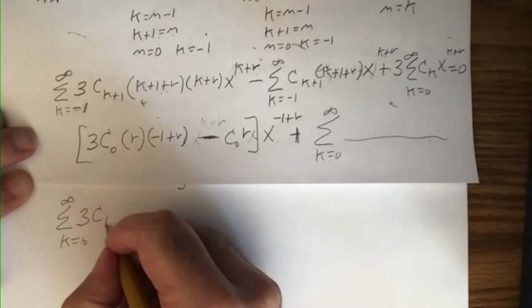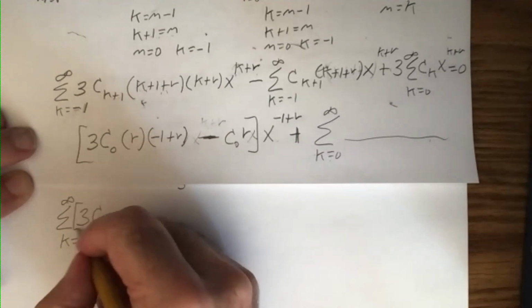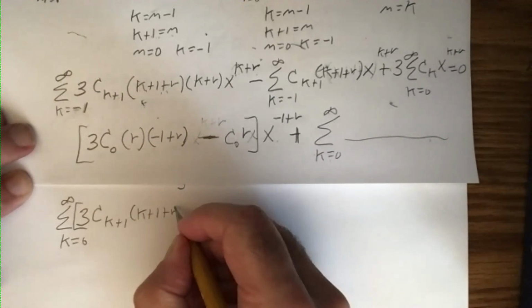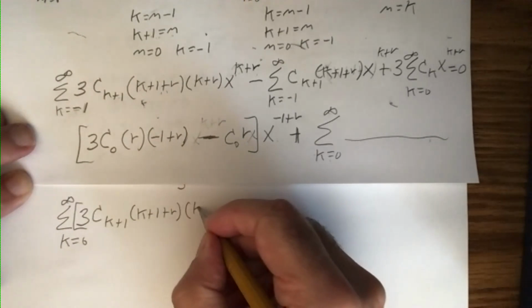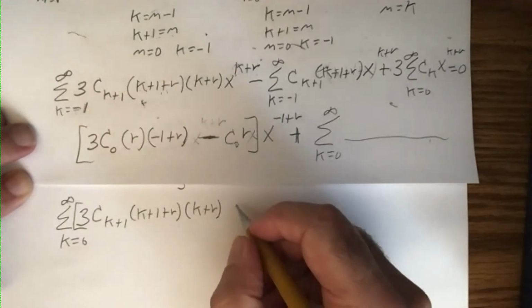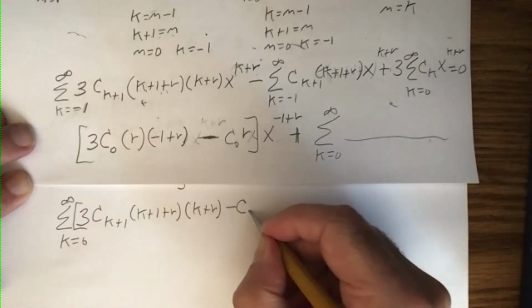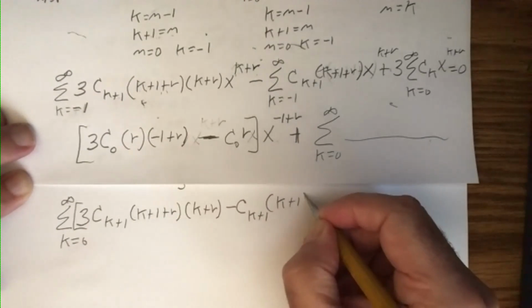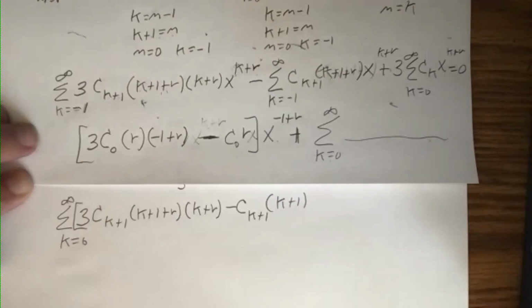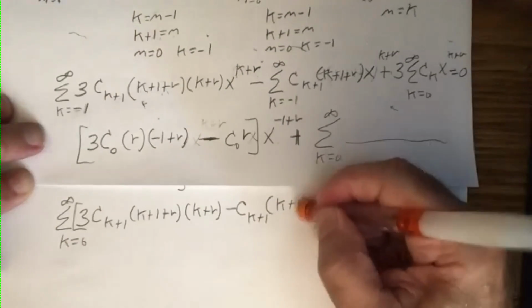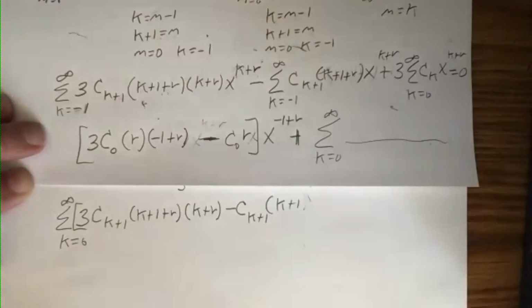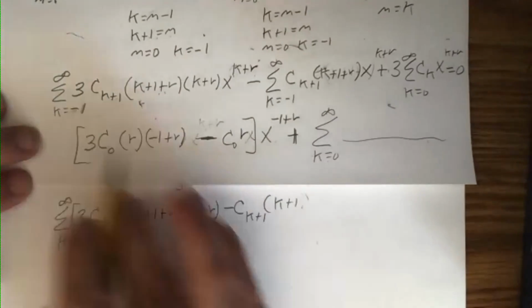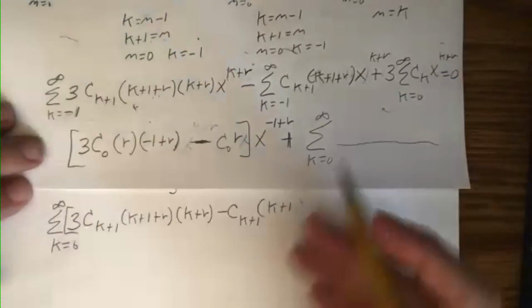I'm just copying down what I have here, but starting now with k equal to 0 because I expanded out the -1.